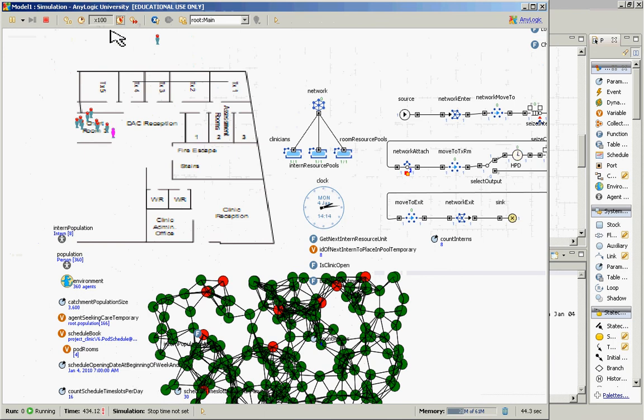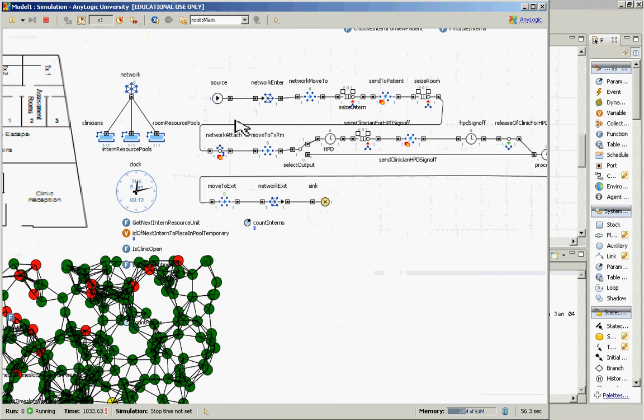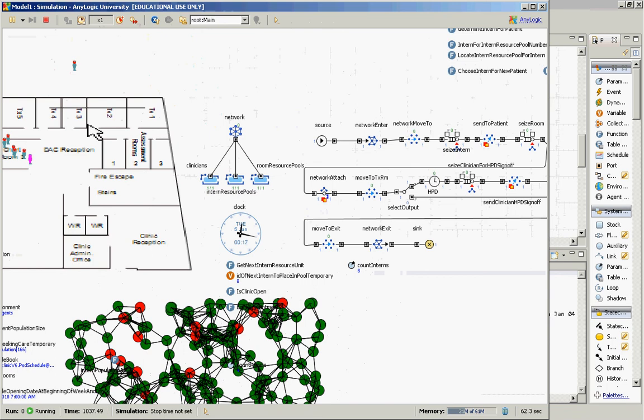So now we have a situation where we're simulating through the day on Monday, and some individuals have gone through the system presenting for care. These individuals, when they present for care, are routed to the rooms, and they secure treatment. The clinician comes and visits them, and then they leave the facility.